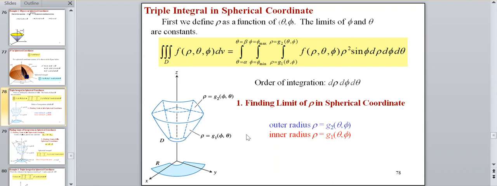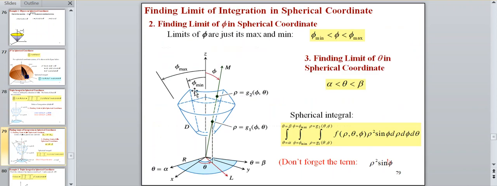And then look at the next page. To cover the region D, we have to see what is the minimum and maximum amount of phi. Let's say here is phi minimum, and here is phi maximum.